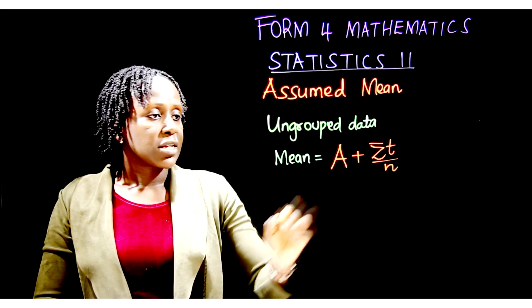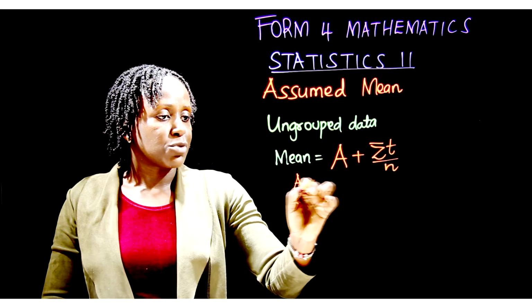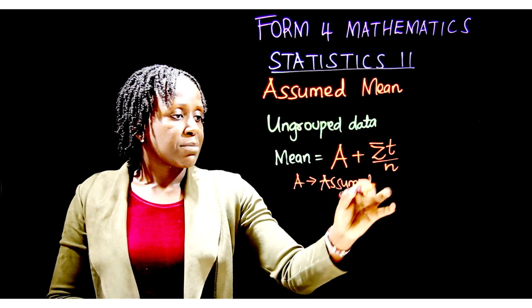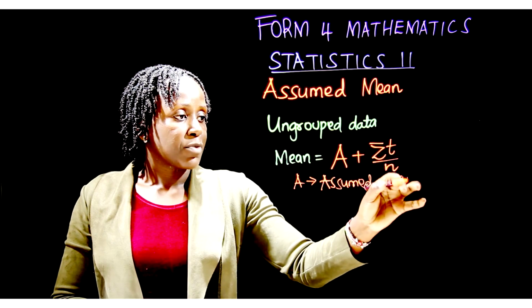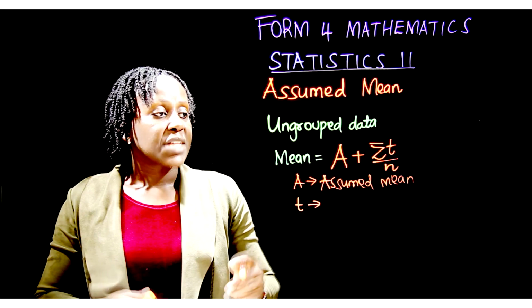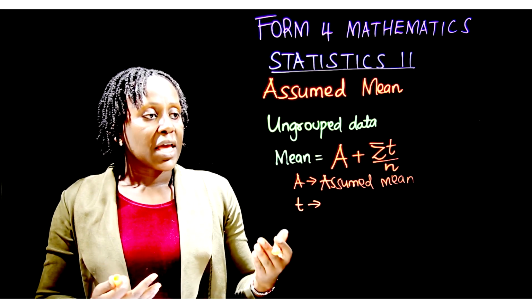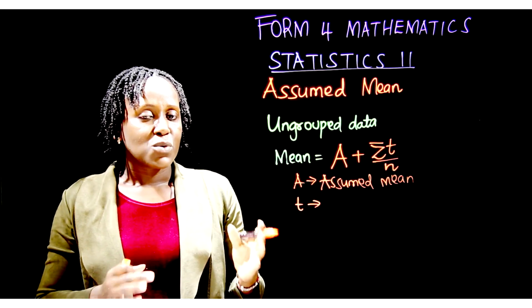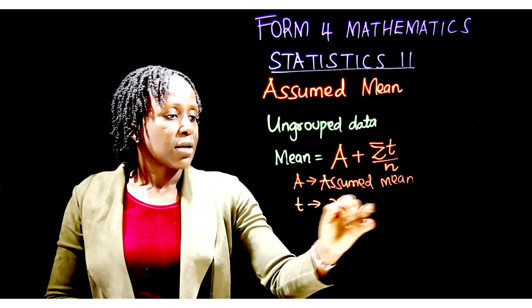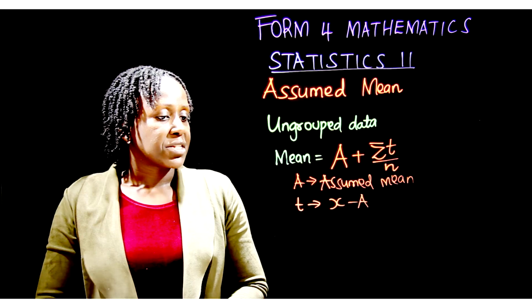A represents the assumed mean, and you come up with it from the data provided. t represents the difference between A and x, so you take x minus A to get t.